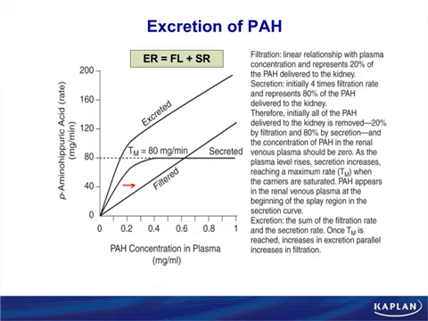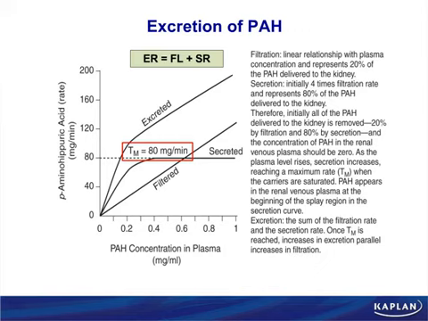The secretion rate increases and then curves, tapers off, and then becomes constant. It plateaus. Why? Because the carriers responsible for secreting PAH become saturated. They have reached transport maximum, and this is why the secretion rate plateaus. And that's what the secretion rate looks like.